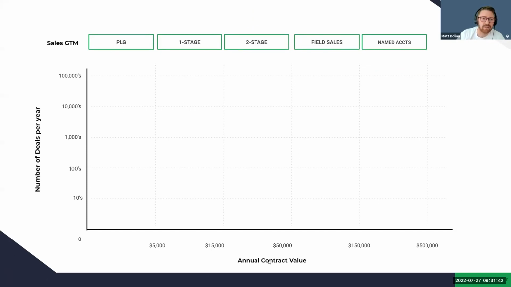We have a graph, and this graph is allowing us to think about the number of deals on the vertical or y-axis, and on the x-axis, or horizontal axis, the annual contract value. So we begin to see what sales go-to-market motion best aligns with the business model that I'm running.